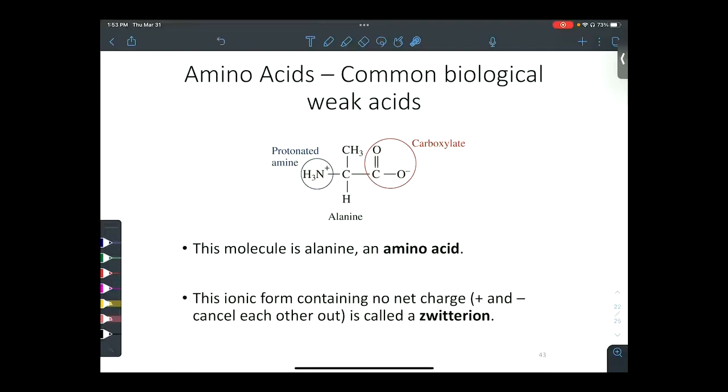Functional groups that can have charges, functional groups that can act as acids or bases. So all amino acids have an amine group and an acid group. Amino acid, yeah? All right, and so the amine group has a pKa associated with it.